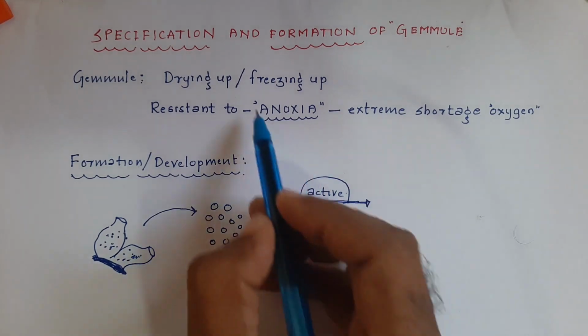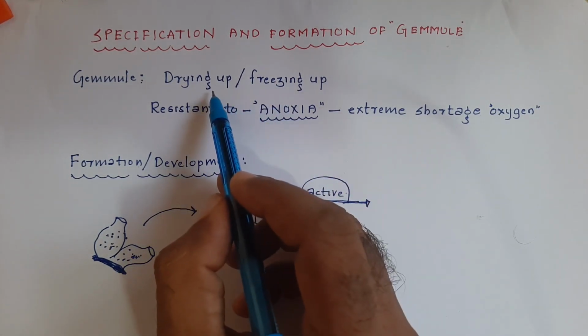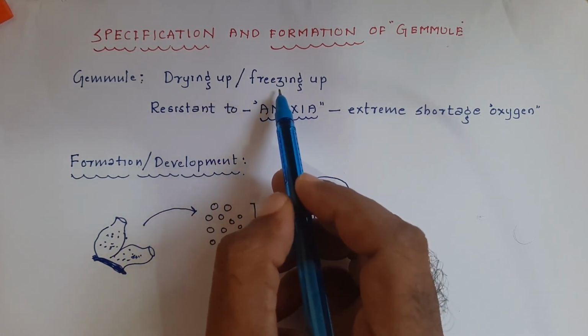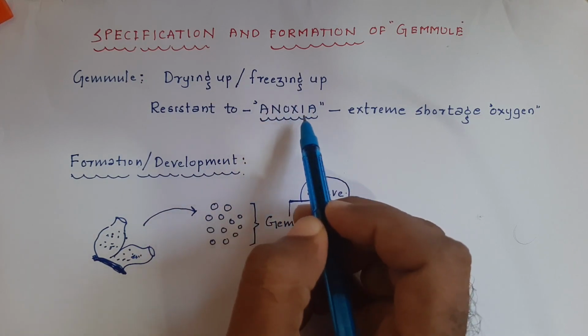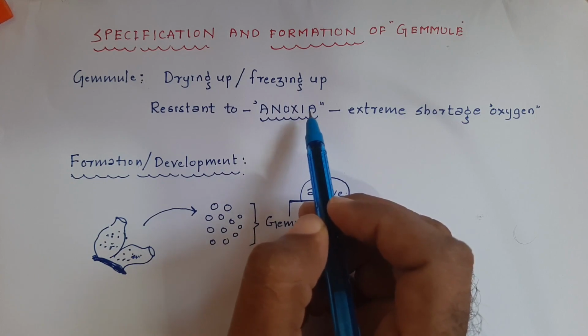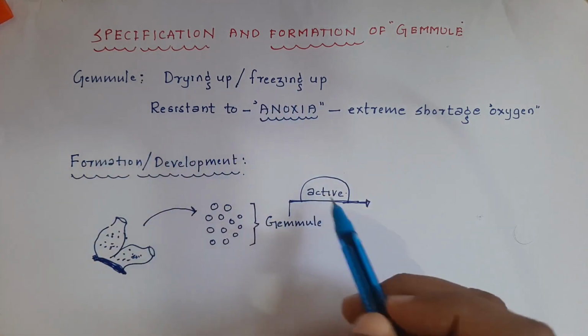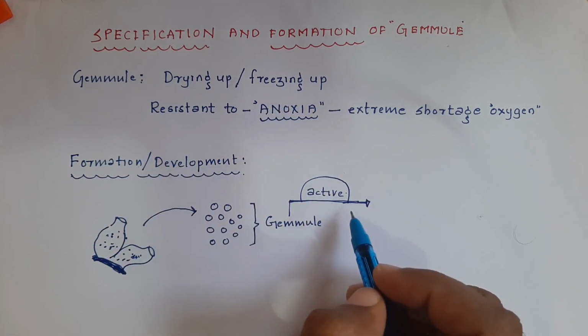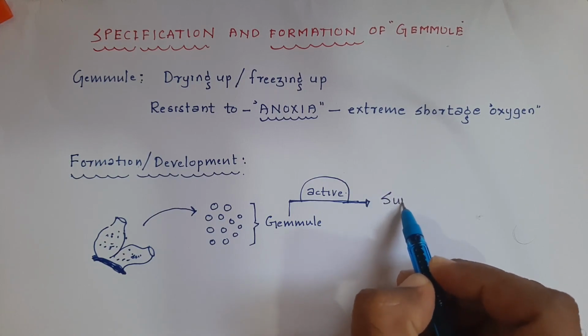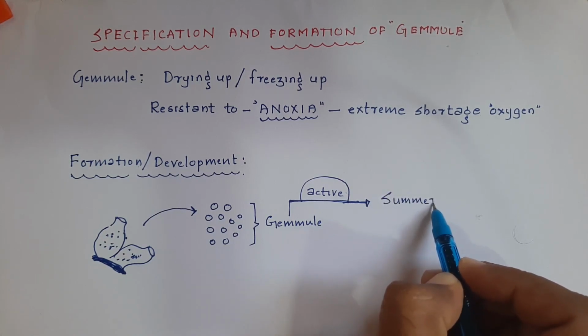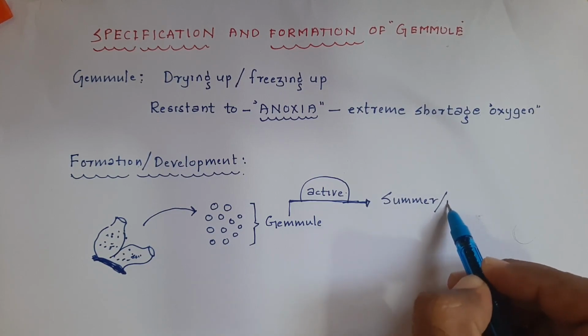Unfavorable conditions we have already discussed: even in a scarce amount of water, even if water freezes, and even if there is an extreme shortage of oxygen, in all these conditions gemmules survive and remain active. So gemmules remain active during unfavorable conditions like summer as well as winter season.